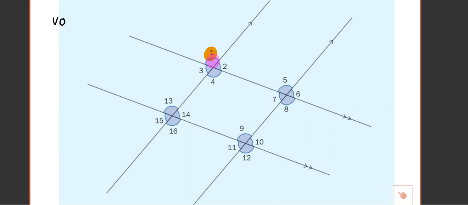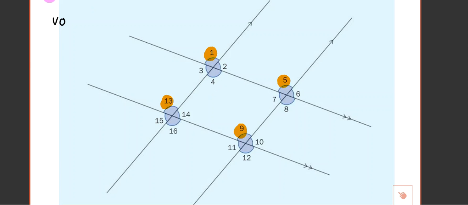So 1 would be the same but in a different place would be 5, 9, 13. They are the ones that are corresponding. So 1 and 5, 1 and 13, 13 and 9, whatever you want.